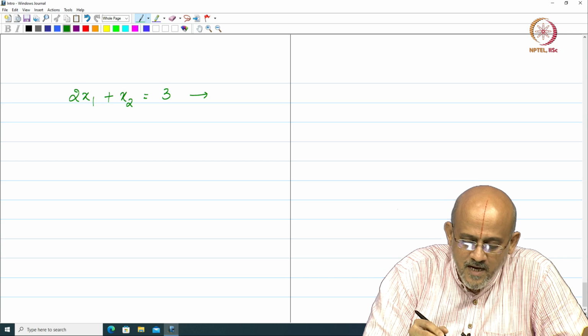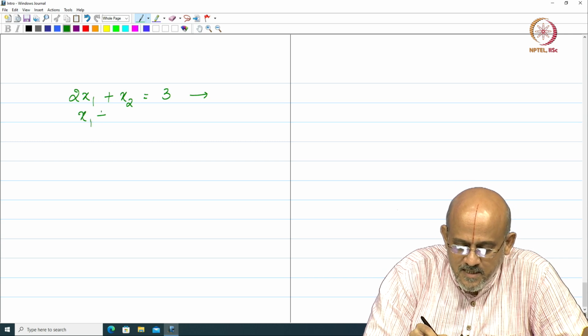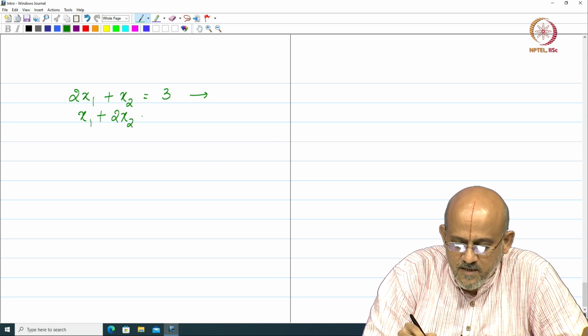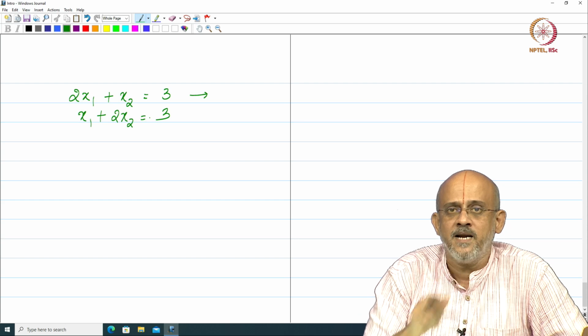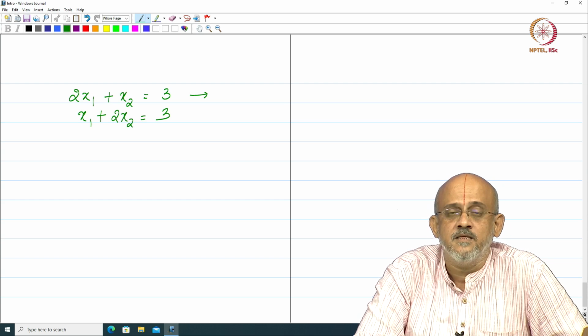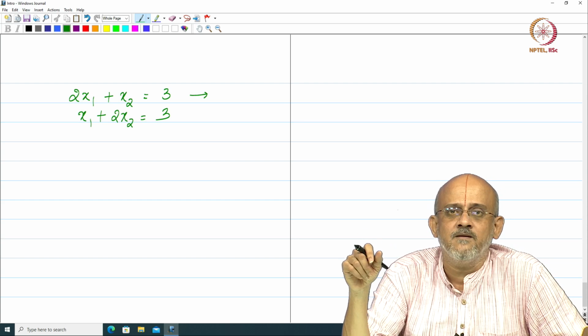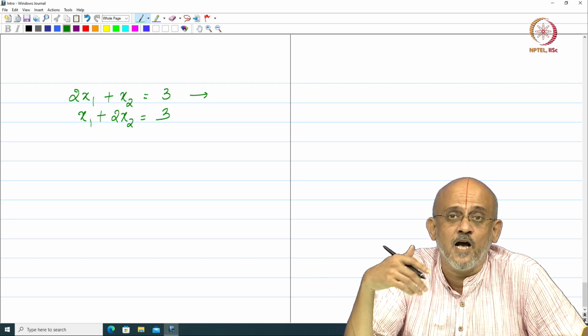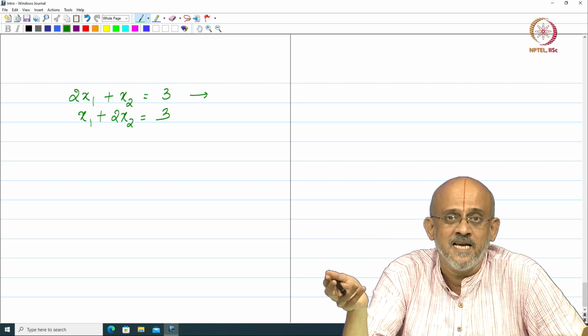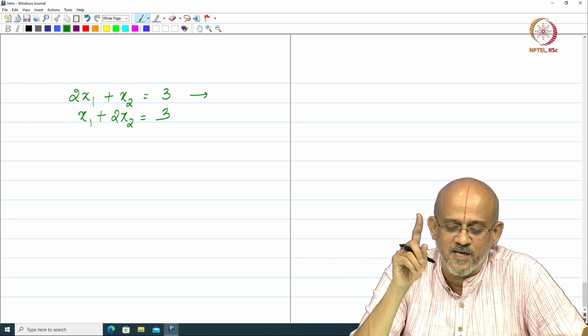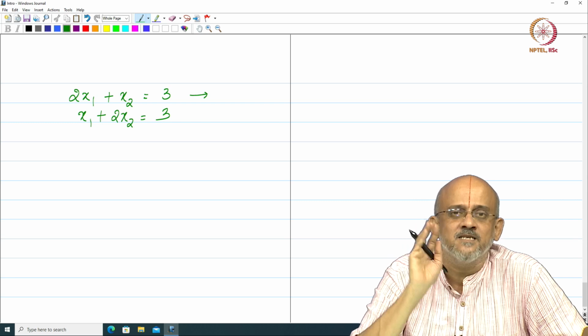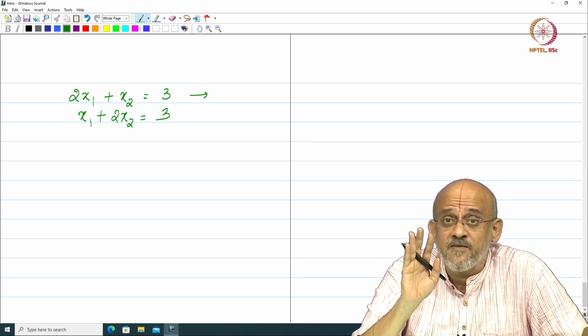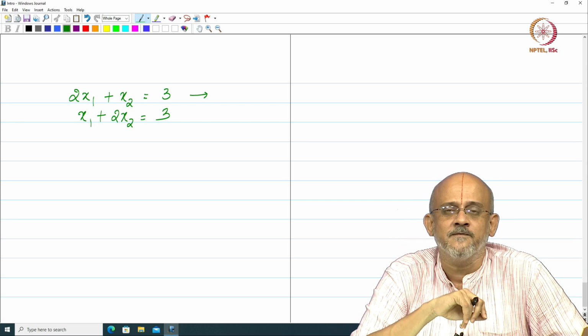Now I write my second constraint which says x1 plus 2 x2 is equal to 3. The moment I put my second constraint, there is no way that I will have any degree of freedom. I have lost both degrees of freedom, because there is only one value of x1 and x2 which satisfies both the constraints that are given.